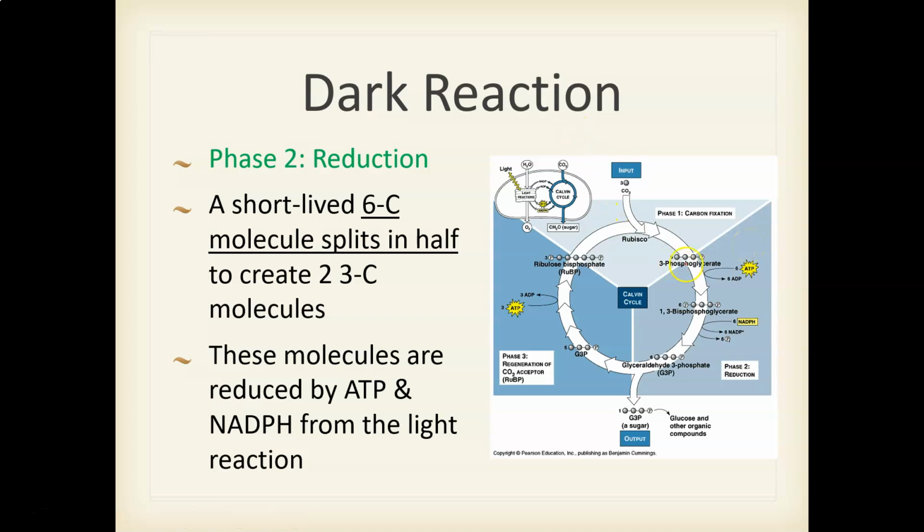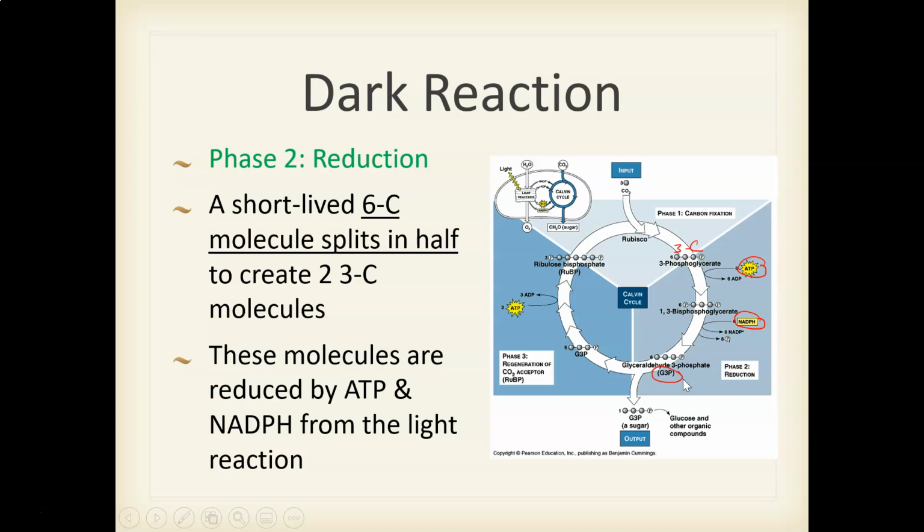So here I have 2 of these molecules here, right, 3 carbons each, okay, and with the help of ATP and that NADPH that we had from the light reactions, that's going to ultimately create that G3P molecule. Okay, and that's the point of this reduction phase. So taking that 3-carbon molecule, rearranging, utilizing that ATP and NADPH to ultimately put it into this form of G3P.